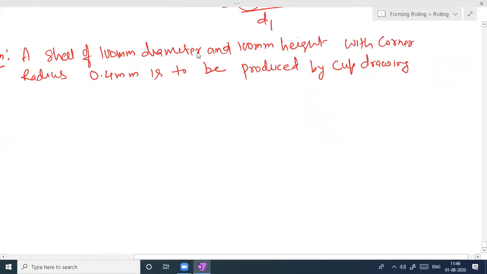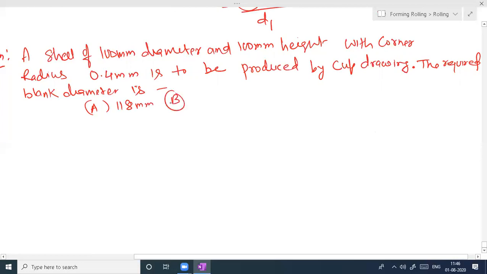A cell of 100 millimeter diameter and 100 millimeter height with corner radius 0.4 mm is to be produced by cup drawing. The required blank diameter is: option A 118 millimeter, option B 161 millimeter, option C 224 mm, and option D 312.